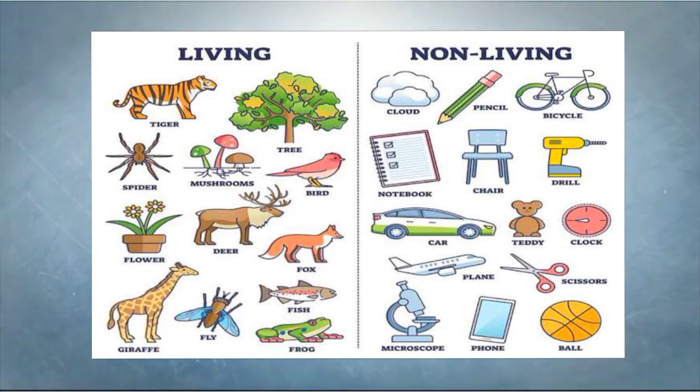Examples of living things include the plants, the animals, and human beings around us. We also said that non-living things are things that do not have life, and also called inanimate objects. Examples include stone, chairs, clothes, tables, wristwatch, and so on.